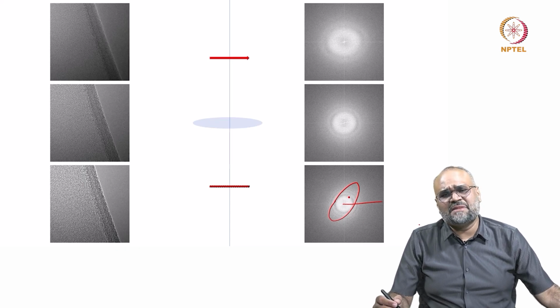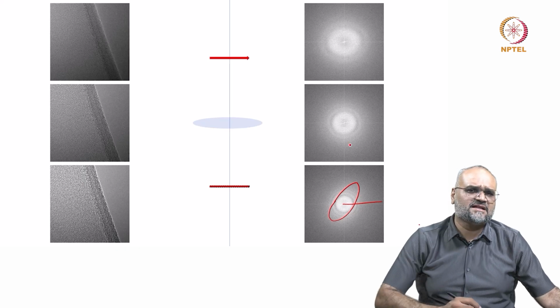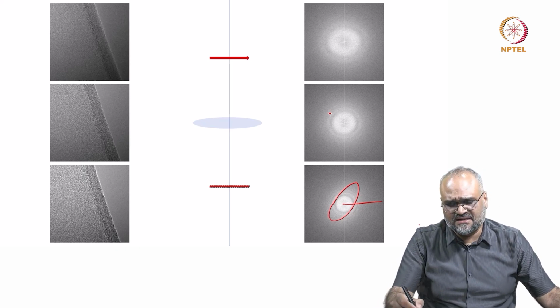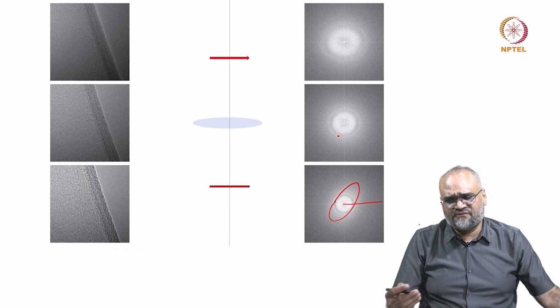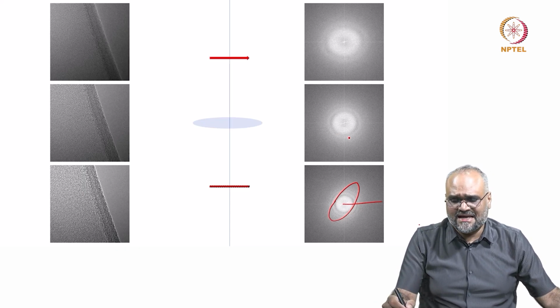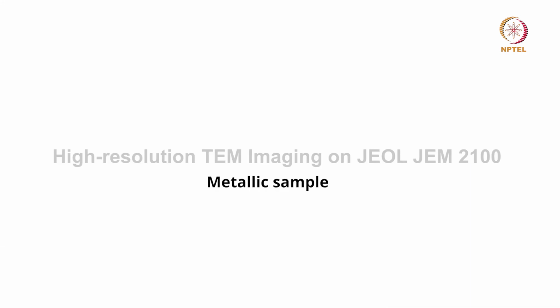By using the stigmation coils, I can correct for them and make them as circular as possible. Once I make them really circular, I have to go over focus and under focus and ensure that I have a coincidence between these rings on either side of the focus value. That is when I have a grain on which I potentially want to get high resolution imaging.